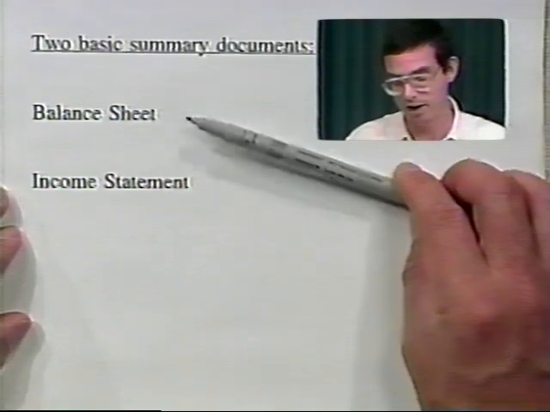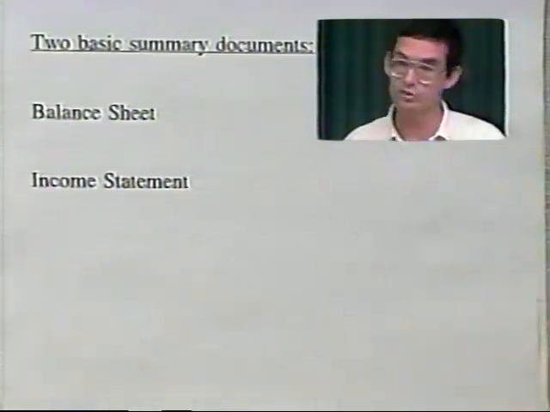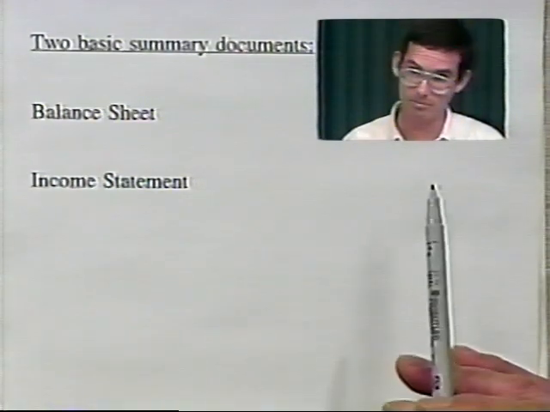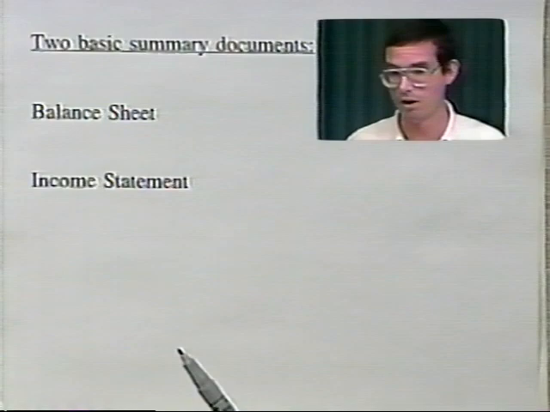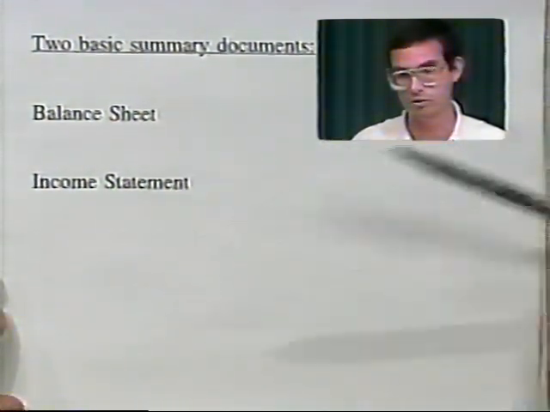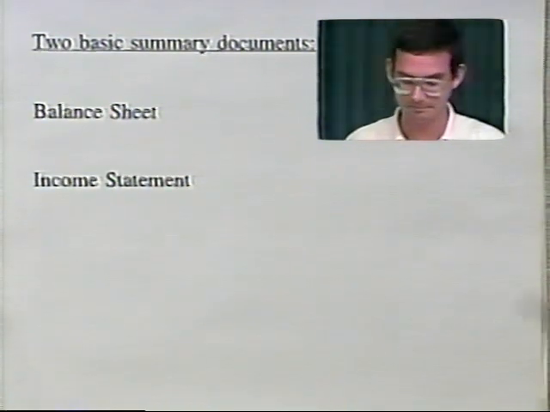So it's at one point in time. The income statement, on the other hand, expresses the change in position over the company over a period of time. How much came in over, for example, a month, and how much went out in terms of dollars. And you need both these to present the status of the company.